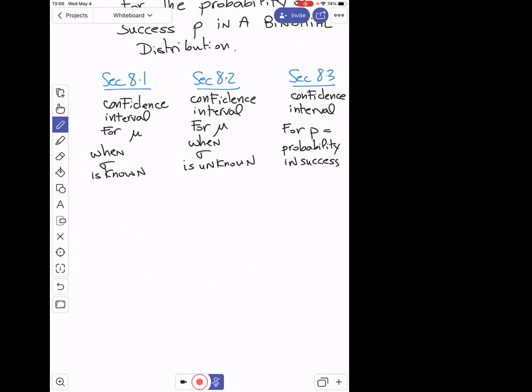When we have a problem where you want to find this confidence interval, it's either for mu, the population mean, or a confidence interval for the probability of success P. If you don't see the words normal distribution, then that's probably a binomial distribution, because the main two distributions that we studied here are the normal and the binomial.